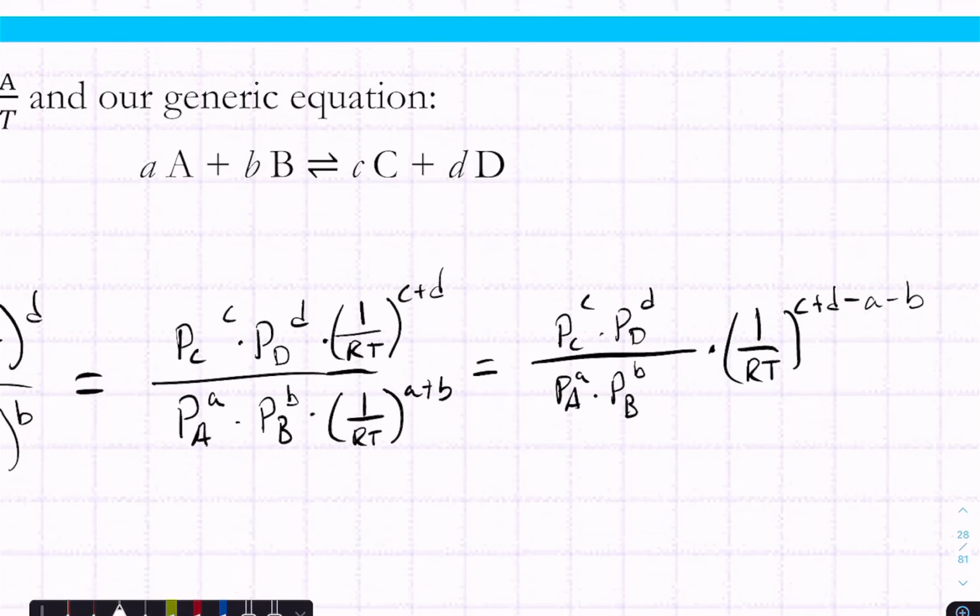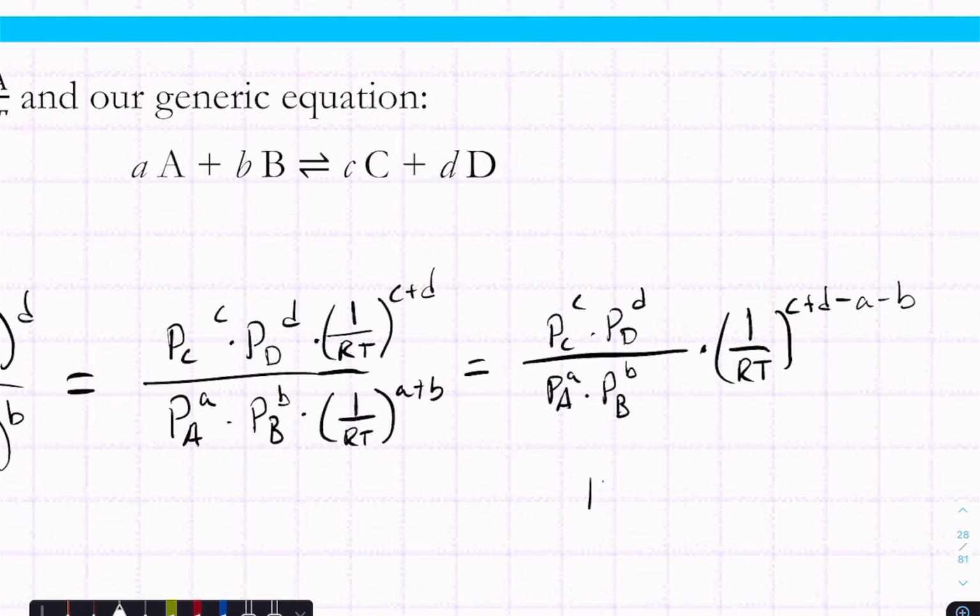So I can write this as now Kp times 1 over RT raised to the c plus d minus a minus b equals Kc.